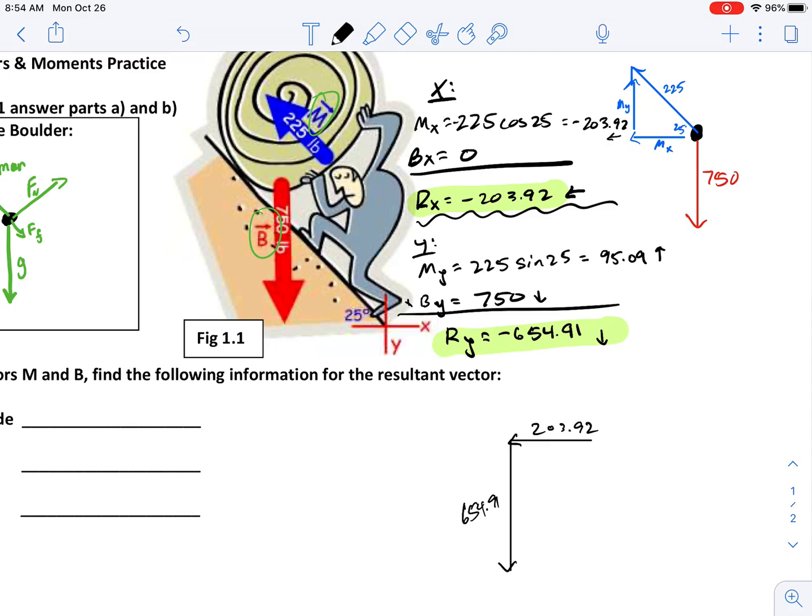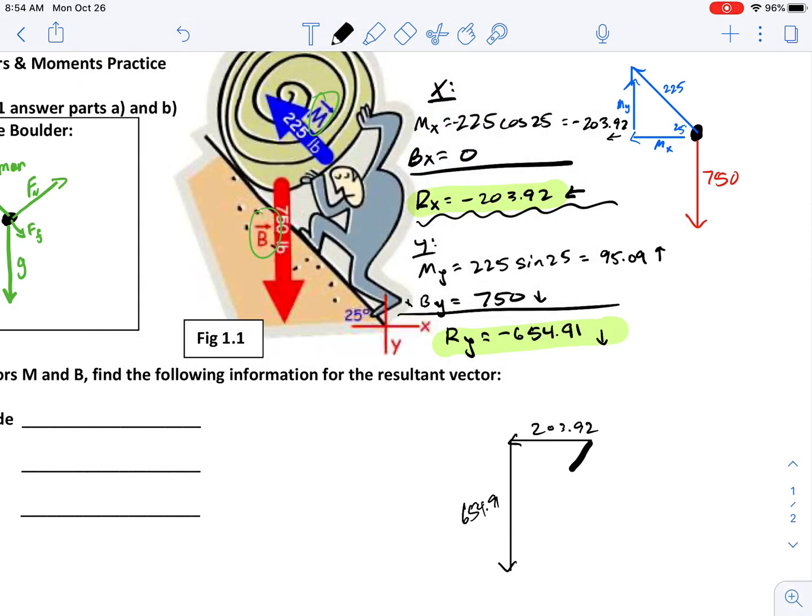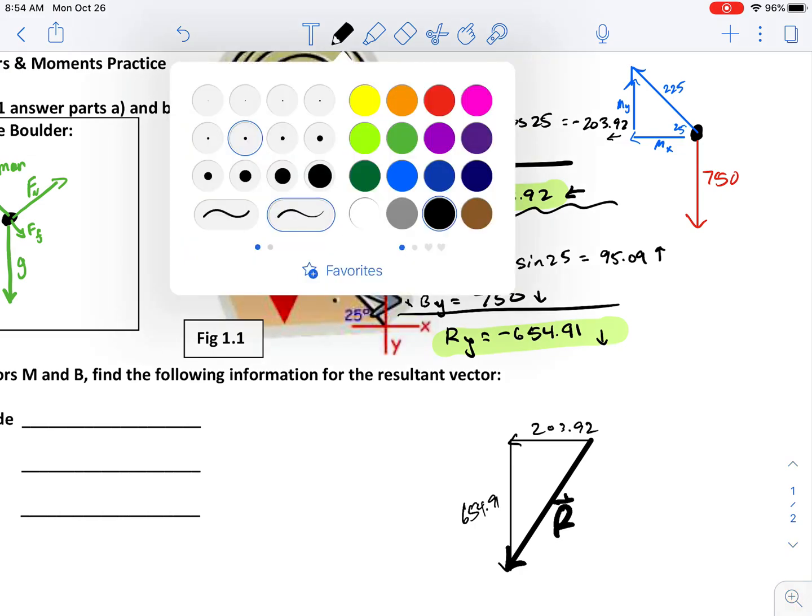And then our resultant vector, which I'm going to draw a little bit bigger because it is bigger, is here, and this is our result vector.